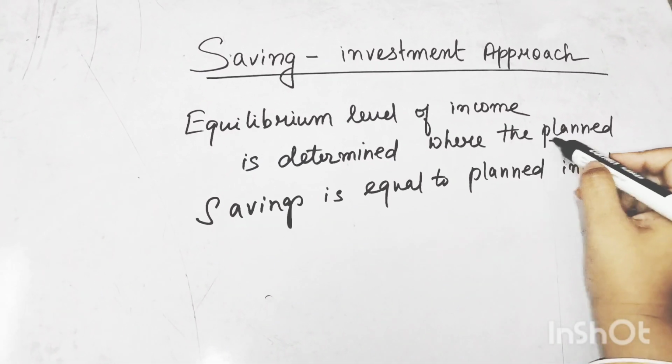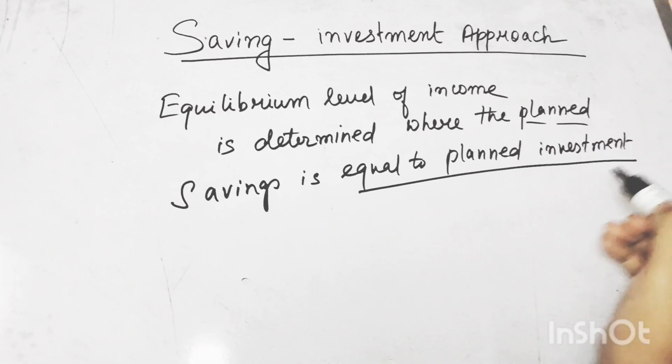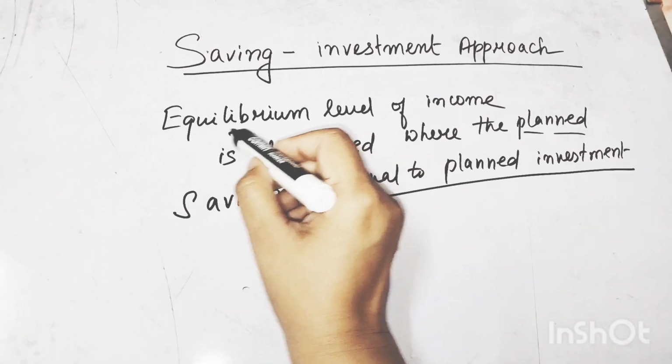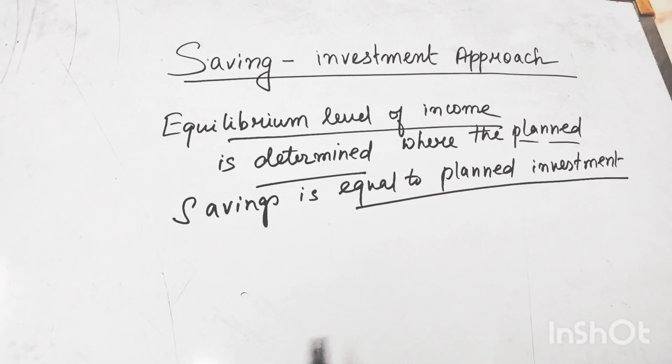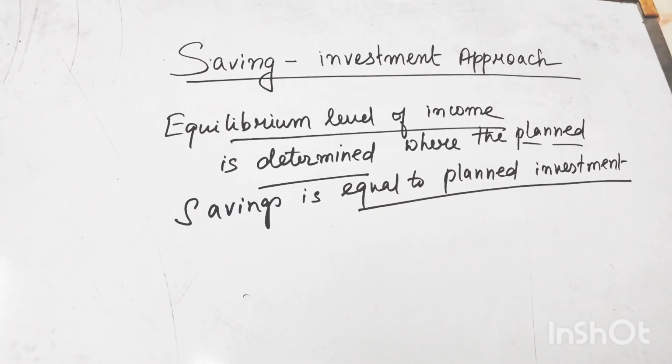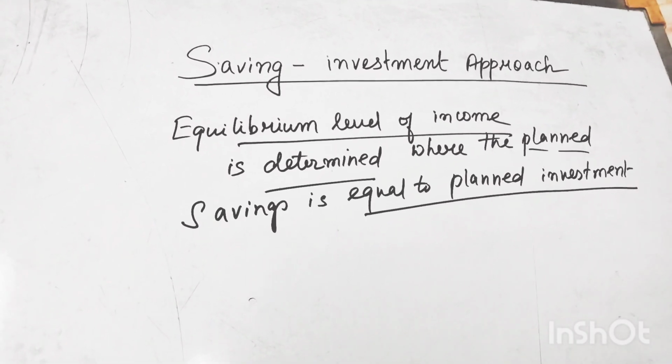So where the planned saving is equal to planned investment, there the equilibrium level of income is determined. Now let us draw the diagram to explain this.